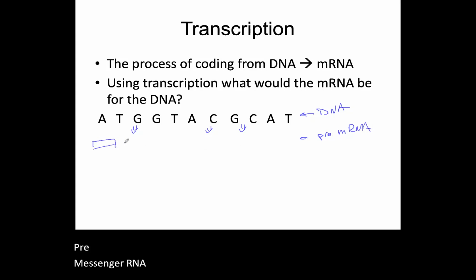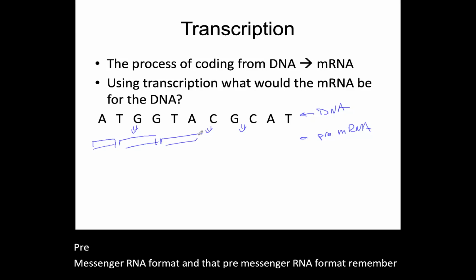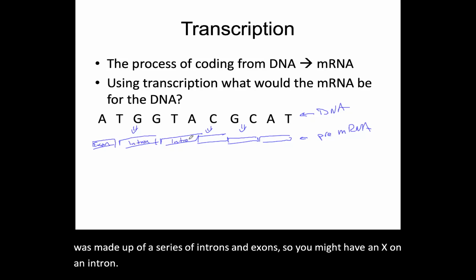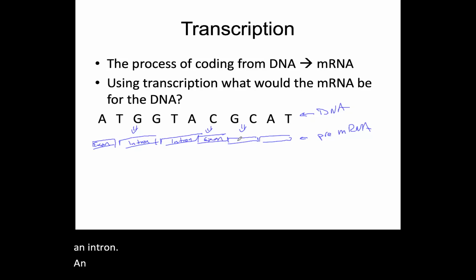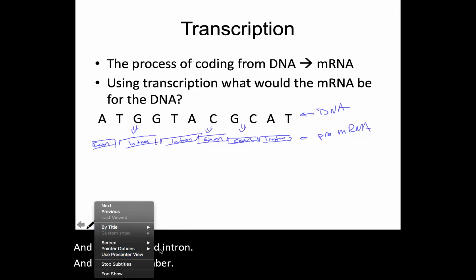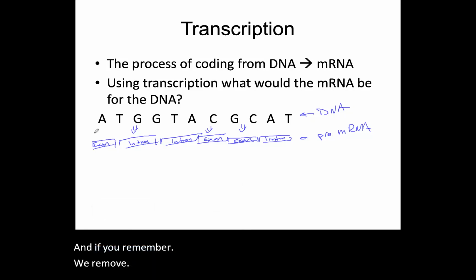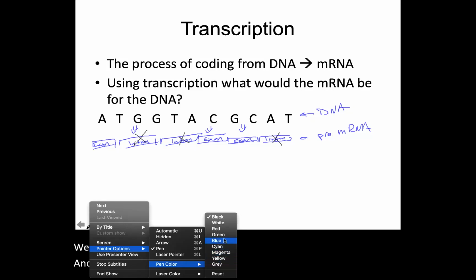And that pre-messenger RNA, remember, was made up of a series of introns and exons. So you might have an exon and an intron and an intron and an exon and an exon and an intron. And if you remember, we remove the introns, and what we are left with then are the exons.